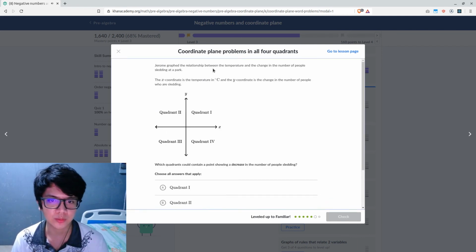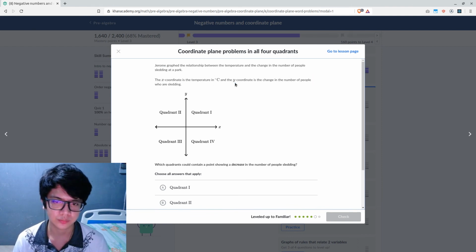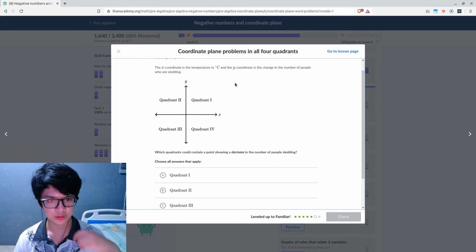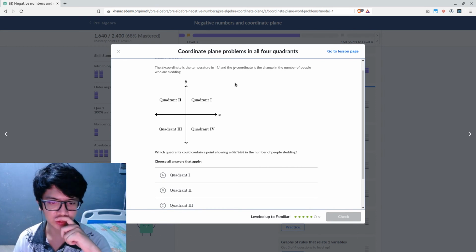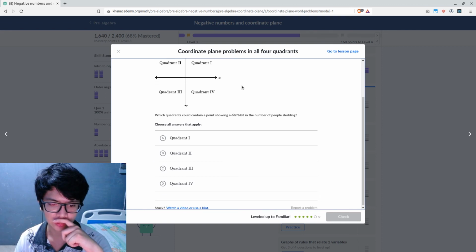Jerome graphed the relation between the temperature and the change in the number of people in a sledding park. Which quadrant can contain a point showing a decrease in the number of people sledding? Wait, what?